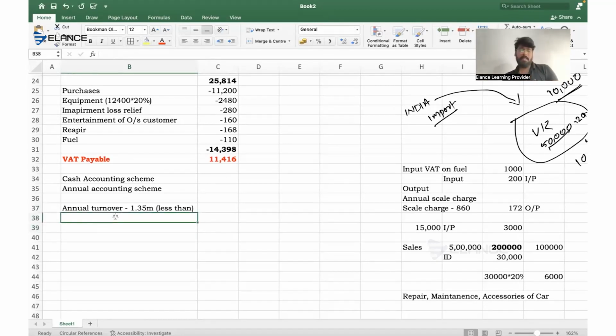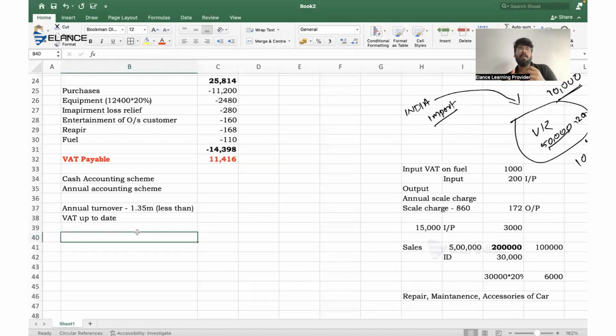And the second criterion is that the annual turnover should be less than 1.35 million, and the VAT related things, all the VAT returns and VAT payments, should be up to date. Every VAT related affair with HMRC must be up to date.